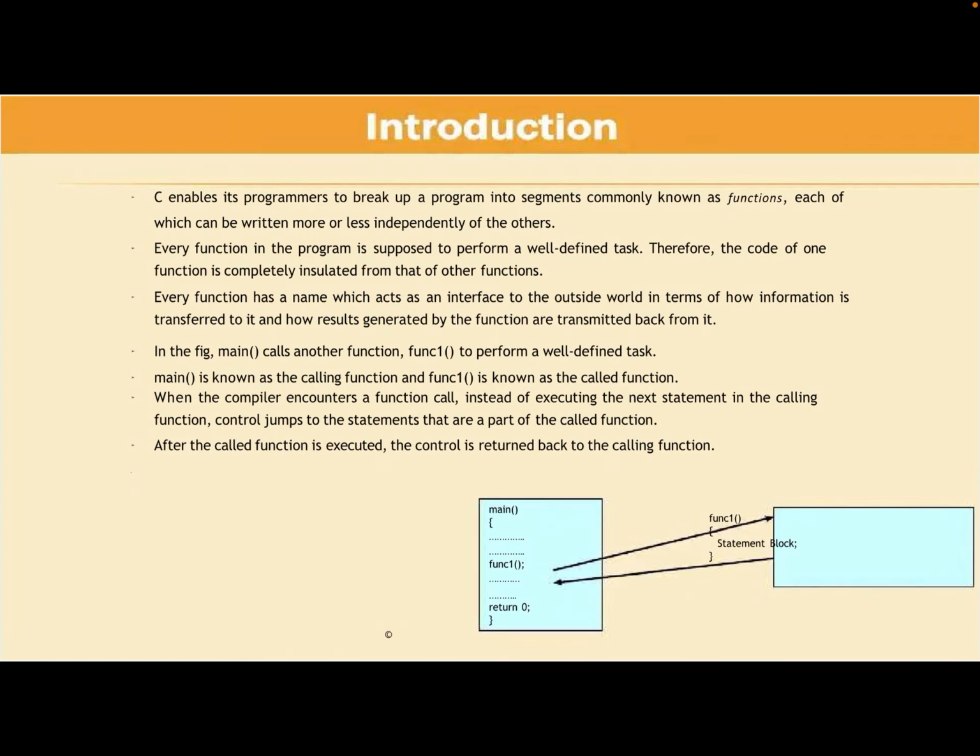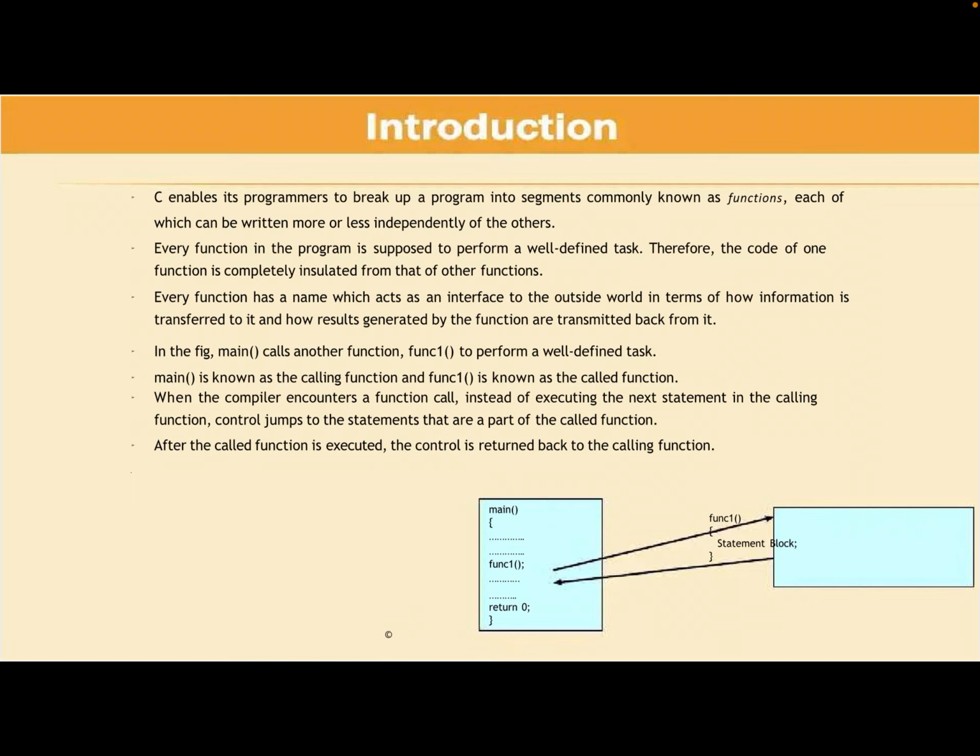Now coming to the basic concepts of user-defined functions. C enables the programmer to break up the program into segments commonly known as functions. Here we are breaking the bigger program into smaller sub-functions, and each of these functions can be written more or less independent of each other.